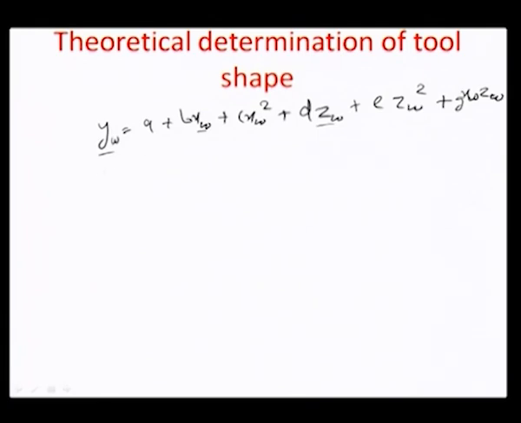So the required tool geometry is then calculated in a similar manner, but of course for the relationship between the yw and xw and yw and zw independently. Okay. So you will have to do partial derivatives of all these and then find out what is the corresponding relationship on a 3-dimensional plane between 2 points xw, yw, zw and xt, yt, zt in a similar manner as you have done for the 2-dimensional curvature case.